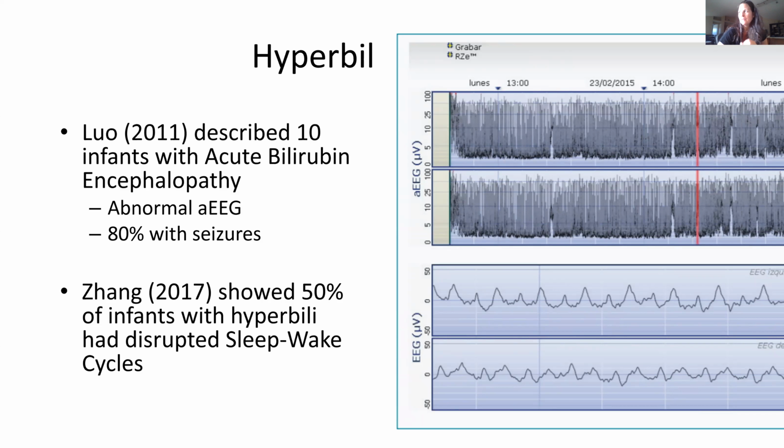Because if you think about those term hyperbili babies who come in, have been at home maybe, and then are readmitted, they really do have a difficult time sleeping, right? They're either irritable and cranky, or they're just so lethargic that they're not able to eat. So it is interesting to note that aEEG picked up this kind of disruption in sleep-wake cycling, which I thought was kind of interesting.